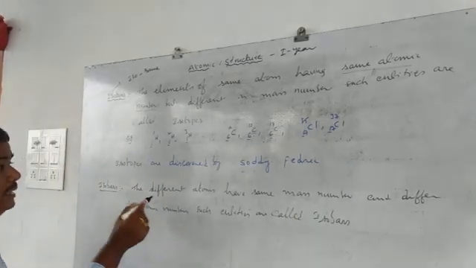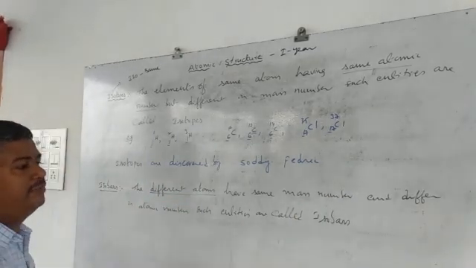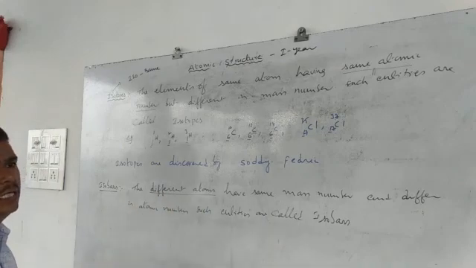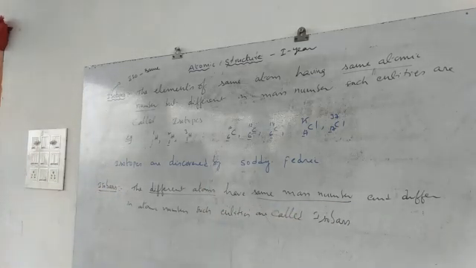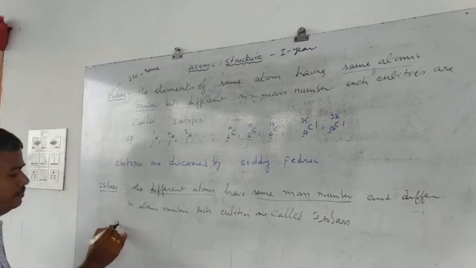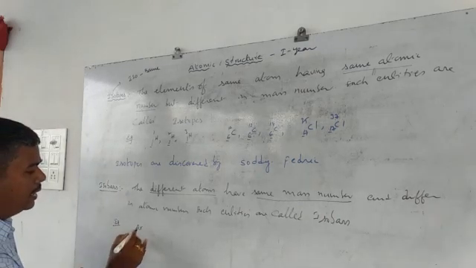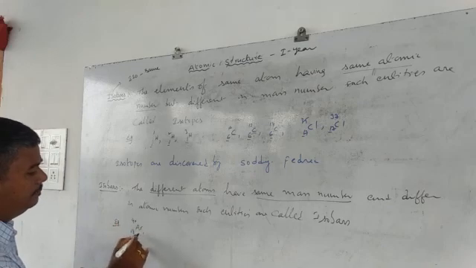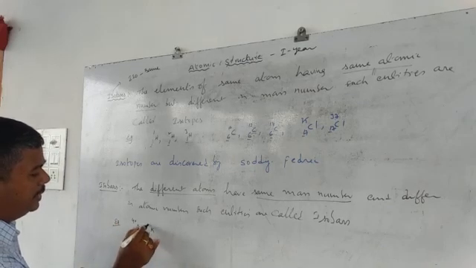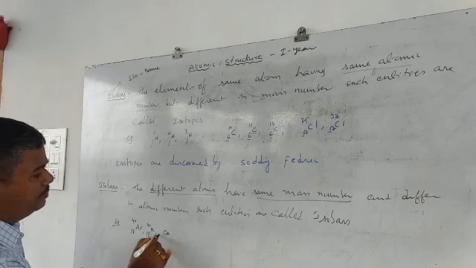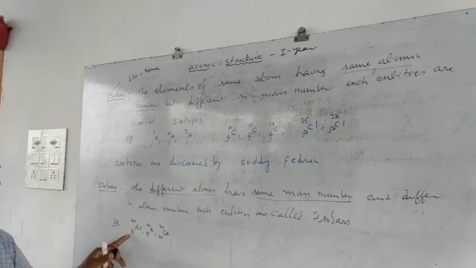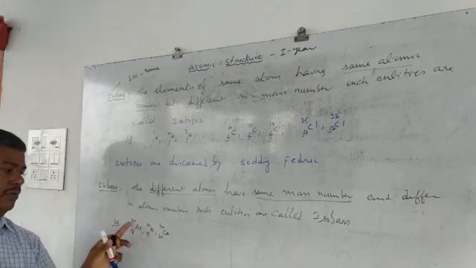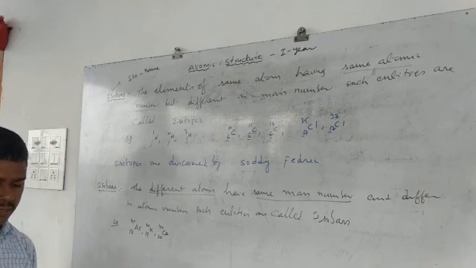So observe, different atoms. Atoms are different. Whenever atoms are different, it automatically means the atomic number is different. But what is same here? Same mass number. Such entities are called which one? Isobars. Example, argon 18-40, potassium 19-40, calcium 20-40. If you observe here, the atomic numbers are different, but what is the same? Mass numbers are the same.